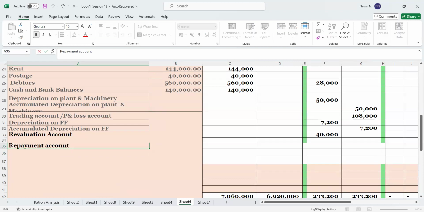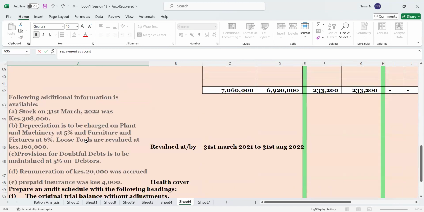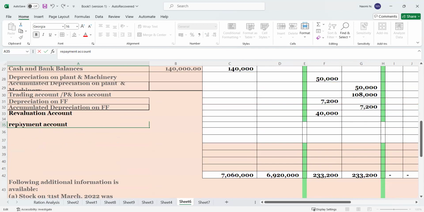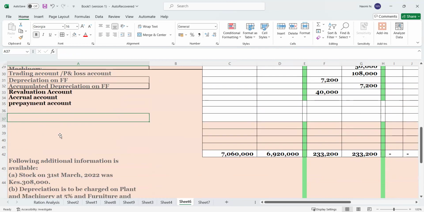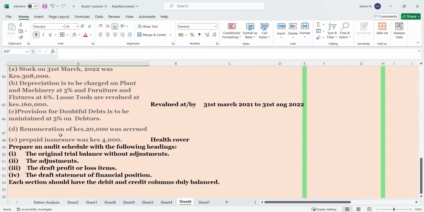So prepayment, we are being told it was accrued, that is remuneration.